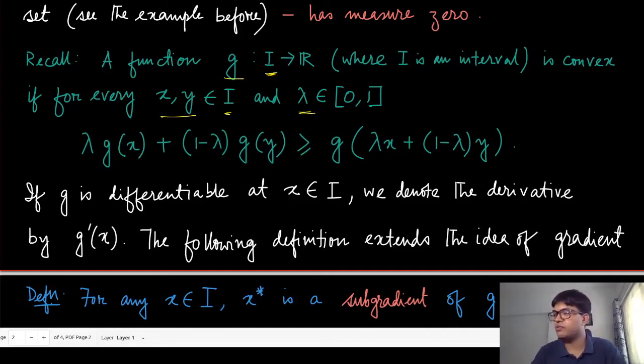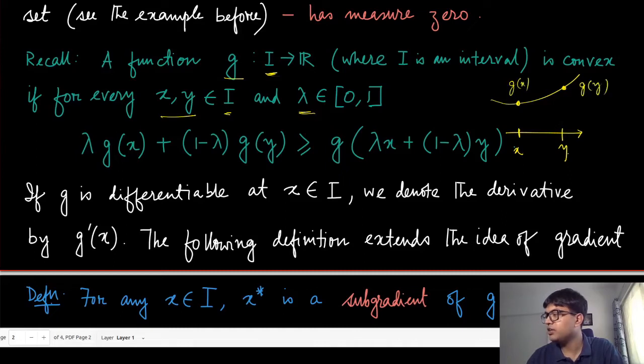That means that whenever we are looking at a convex combination of any 2 points, so let's say we have a function like this, and this is our x-axis, and we have 2 points, x and y, and we are looking at the corresponding values of this function, g(x) and g(y), and if we join a chord between them, then lambda times g(x) plus (1 minus lambda) times g(y) is some point like this, and that point will always be above the value of that function at that point.